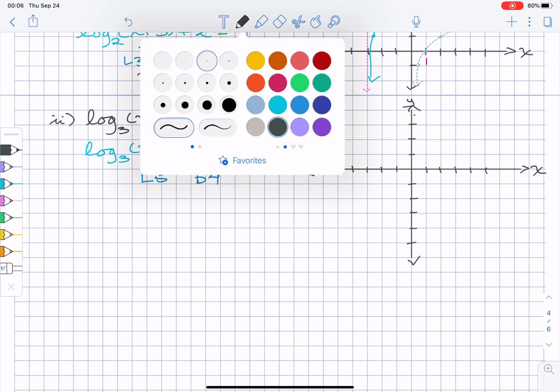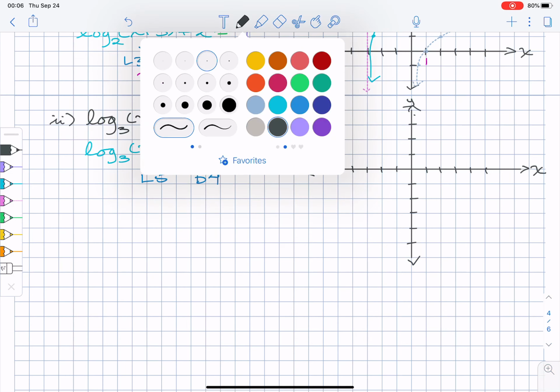But I'm going to move this left 5. So 1, 2, 3, 4, 5. And I'm going to also move my vertical asymptote.